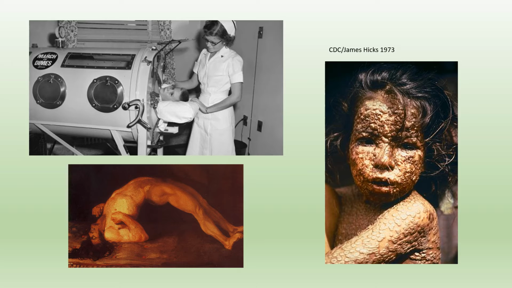On the right is one of the last children ever to get smallpox. You can see all of the blisters on their skin. These would leave permanent scars. And this had a very, very high mortality rate. So you can see why we have vaccines against these diseases, I hope.